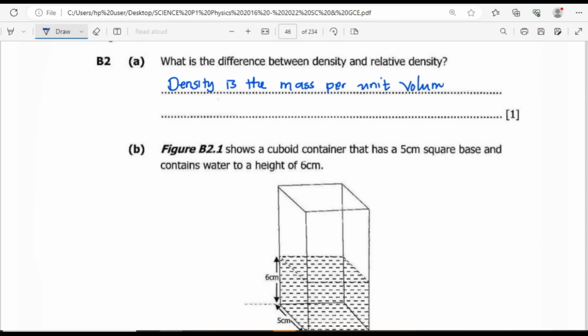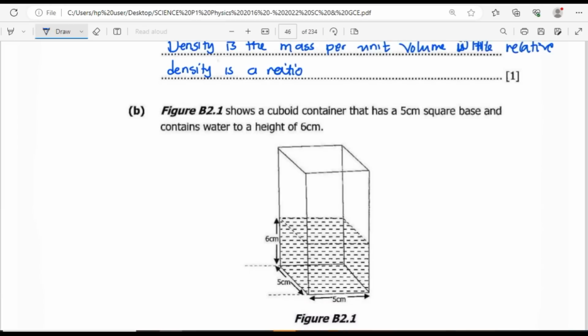Now relative density is a ratio. So we define relative density as the density of a substance compared to density of water.